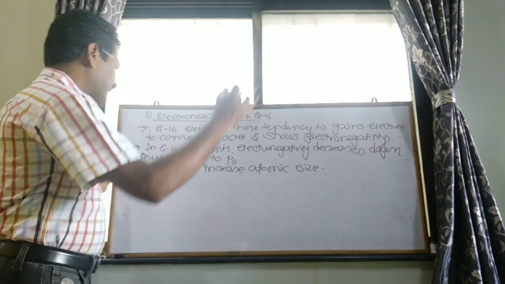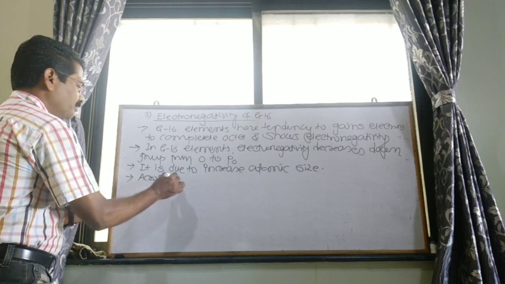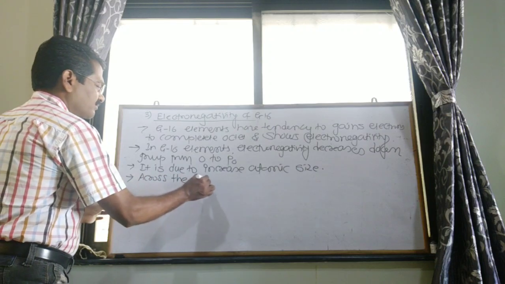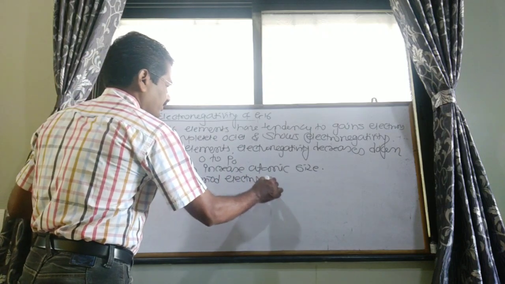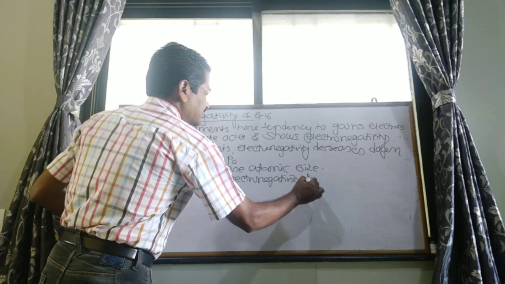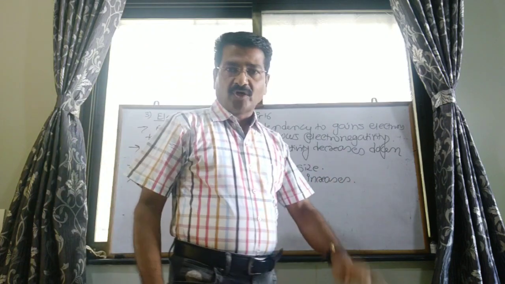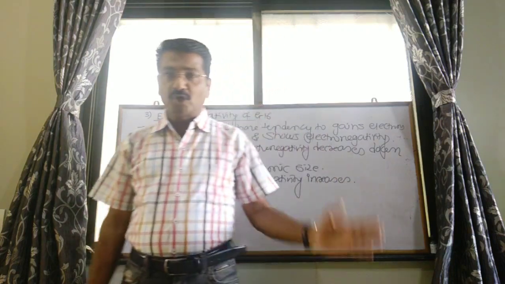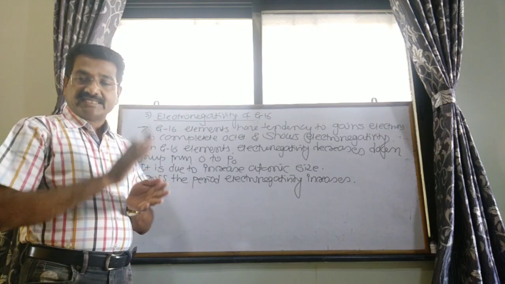But across the period, electronegativity increases. The electronegativity of G16 elements along the period, or across the period, increases.